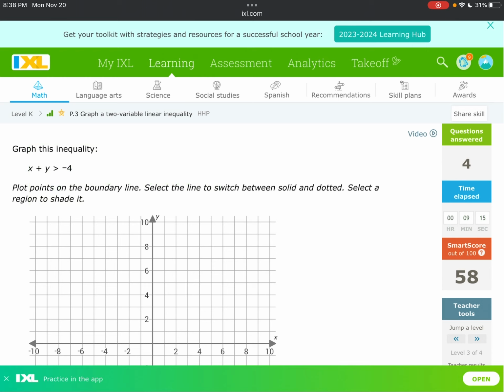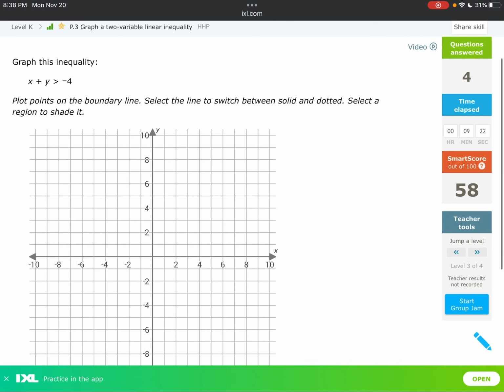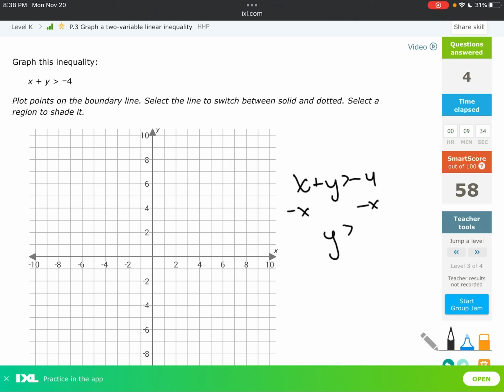I might also get an equation that looks like this, where it's not in y equals form. So if I have this equation, I want to solve it for y. So I can subtract x from both sides, and I get y is greater than -x minus 4.